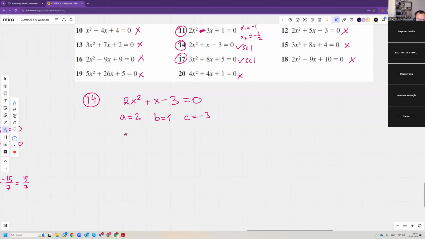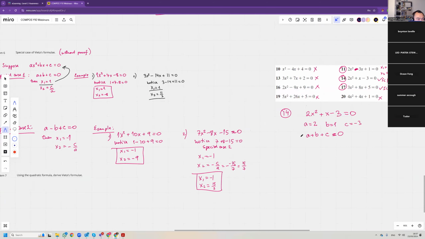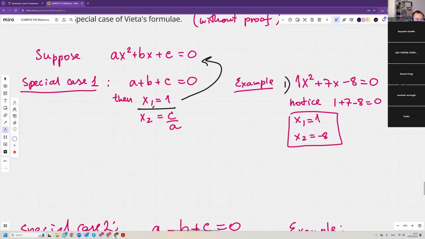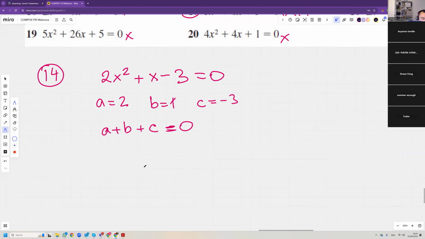If you add them, a plus b plus c is 0. And that immediately means that x1 is 1. The first root of this equation is 1. That's just the rule. As I said, I'm not proving it, but I'm showing you how to use it.